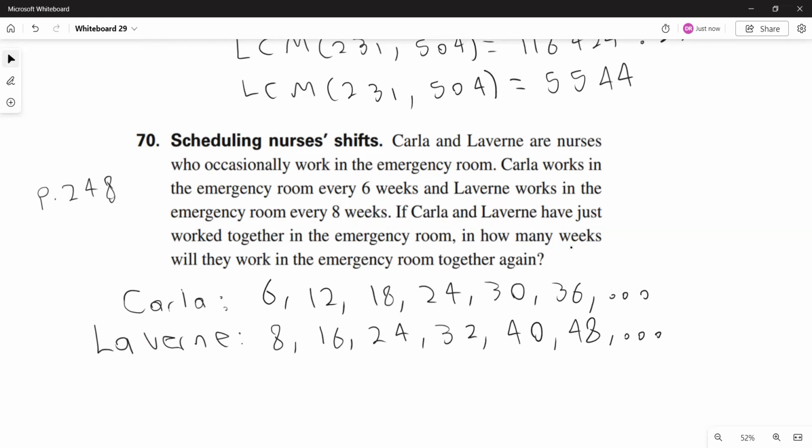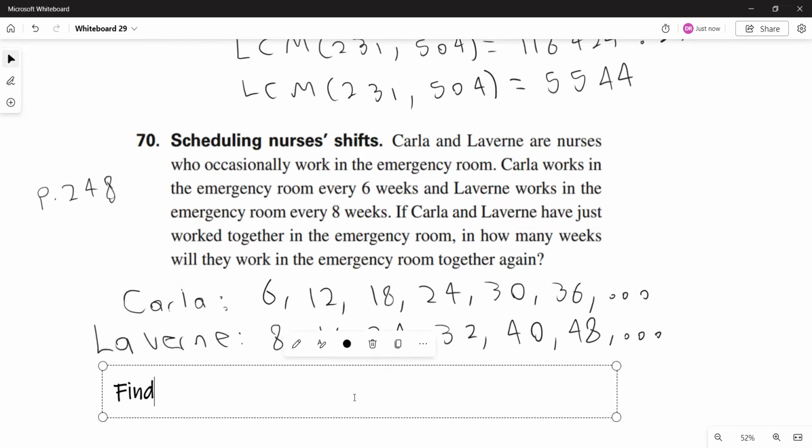And you can see that after 24 weeks, they will work in the ER together again. Okay, so we need to find the least common multiple of 6 and 8.